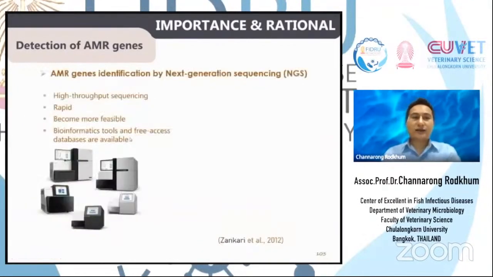So we can identify AMR genes by next generation sequencing, or NGS. It is high-throughput sequencing, can be rapid, and has become more feasible, and we can use bioinformatics tools and freely accessible databases to analyze the sequences that we obtain.